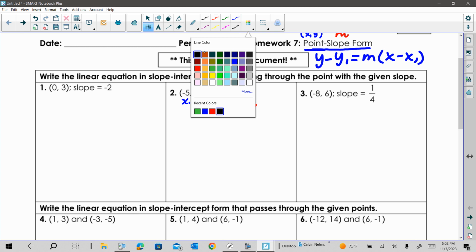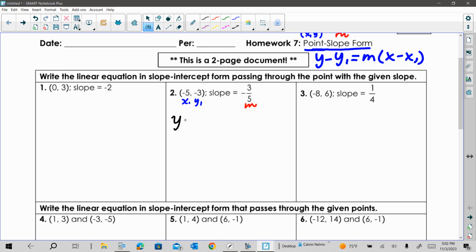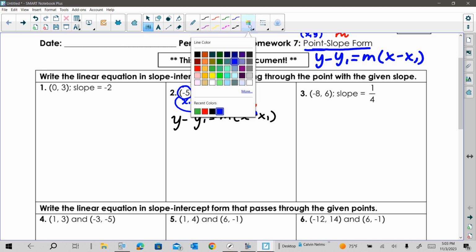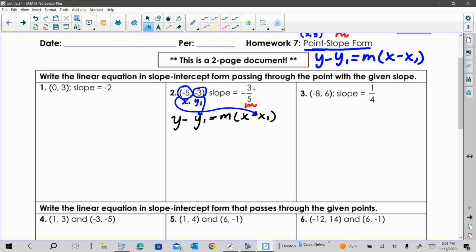Point slope form is y minus y1 equals m parentheses x minus x1. We take our x1, which is -5, and plug it inside the parentheses. The -3 represents our y1, and that goes right in front of the equal sign. Our slope, -3/5, goes in place of m in front of the parentheses.